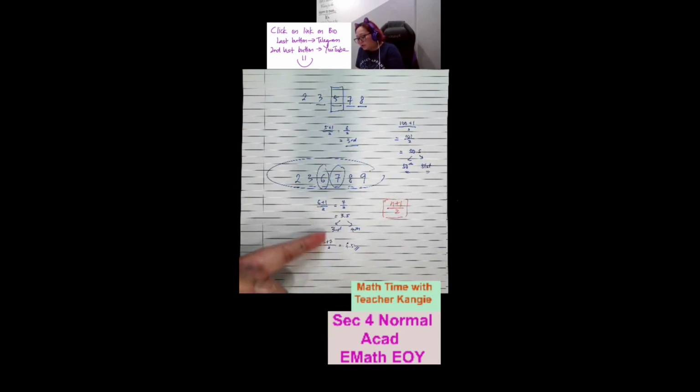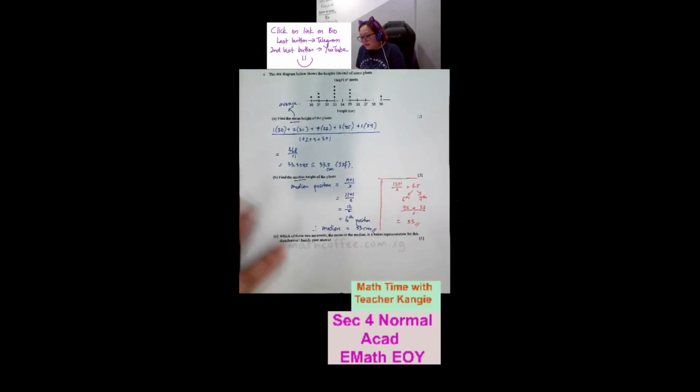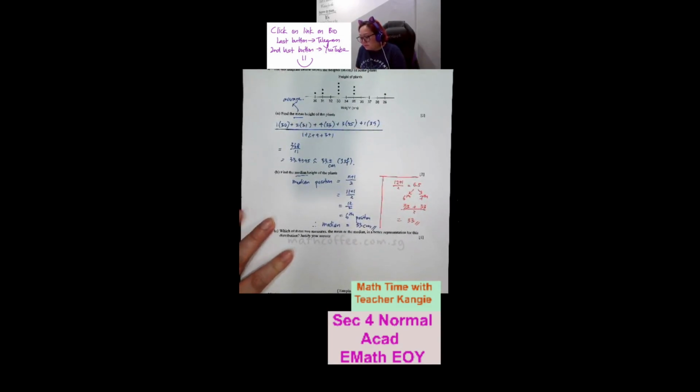So in this situation it is third and fourth. My third number is 6, my fourth number is 7. So the actual median is you take the average of the two numbers sitting in the middle. So it's 6 plus 7 divided by 2 and you get 6.5. Okay? So that is for the median. Median is the common part whereby students always get confused.